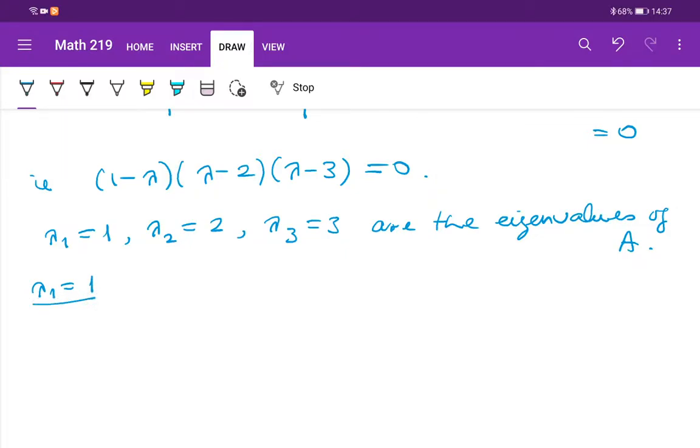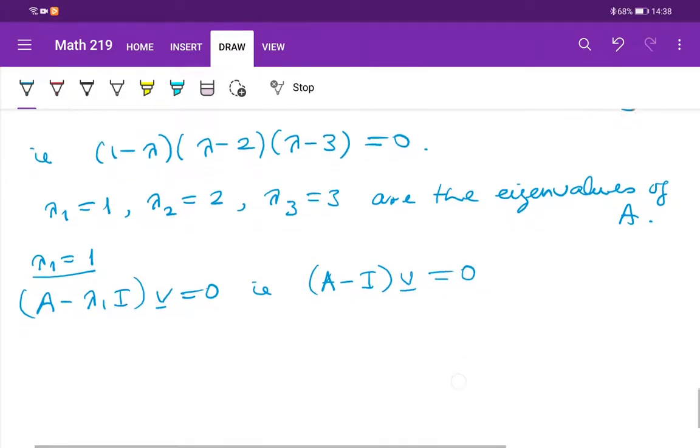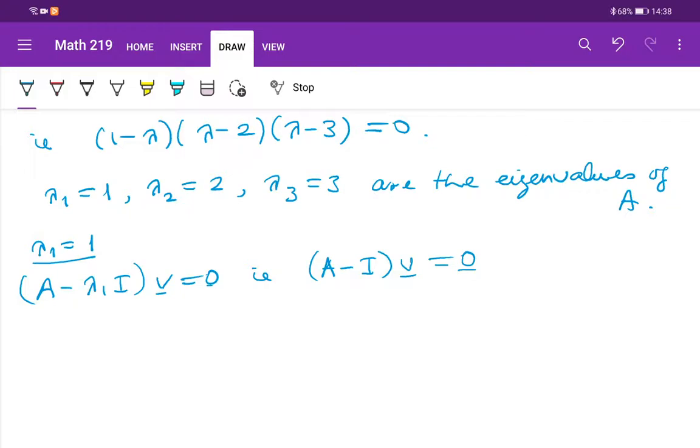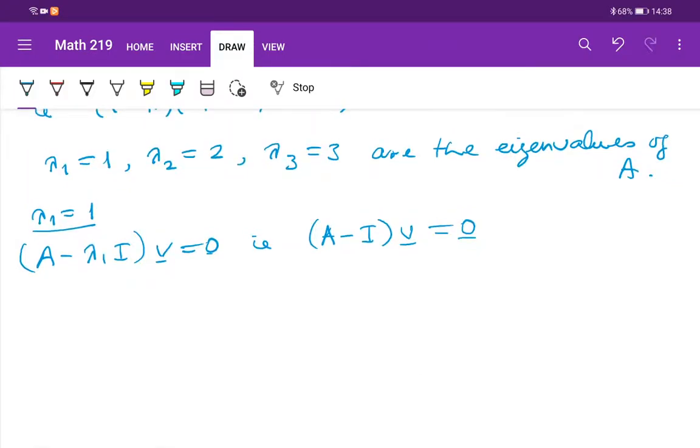Lambda 1 equals 1, and we want to solve the equation A minus lambda 1 I times V is equal to 0. Lambda 1 is just 1, so this is A minus I times V is equal to the zero vector.